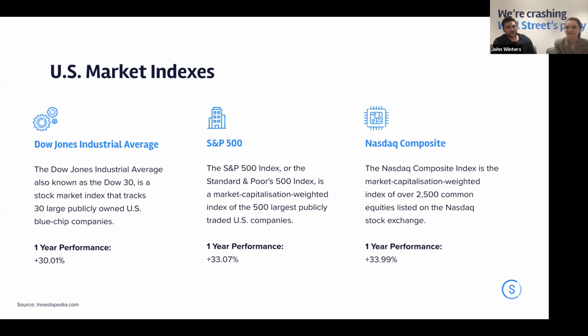To take you through each one, though, the Dow is like the blue chip index. So it is the top 30 companies in the States, and those are all household brands. It's Apple, it's Amazon, it's Boeing, it's some of those really massive companies, big healthcare companies. Blue chip, they are the ones that have long established businesses, and the performance there is pretty good over the last 12 months.